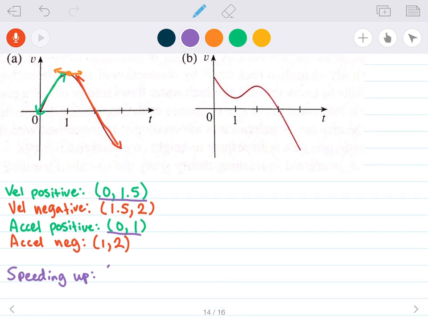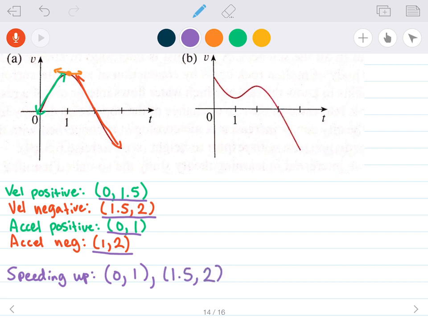So it's speeding up from x equals 0 to x equals 1. And it's also speeding up from, well, velocity is negative from 1.5 to 2, and acceleration is negative from 1 to 2. So we take the overlap, and that's just 1.5 to 2. So that's where it's speeding up.